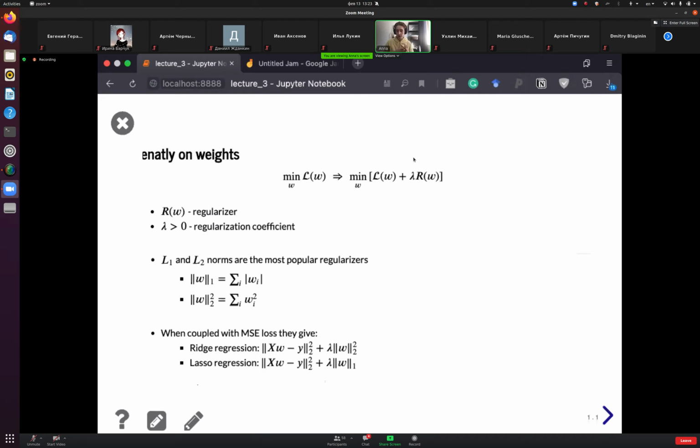When coupled with the mean squared error cost function, we have two models which have distinct names, namely ridge regression and lasso regression. Today we will discuss both of them in detail and see what properties they have, why they have these properties, and how they behave on real data.